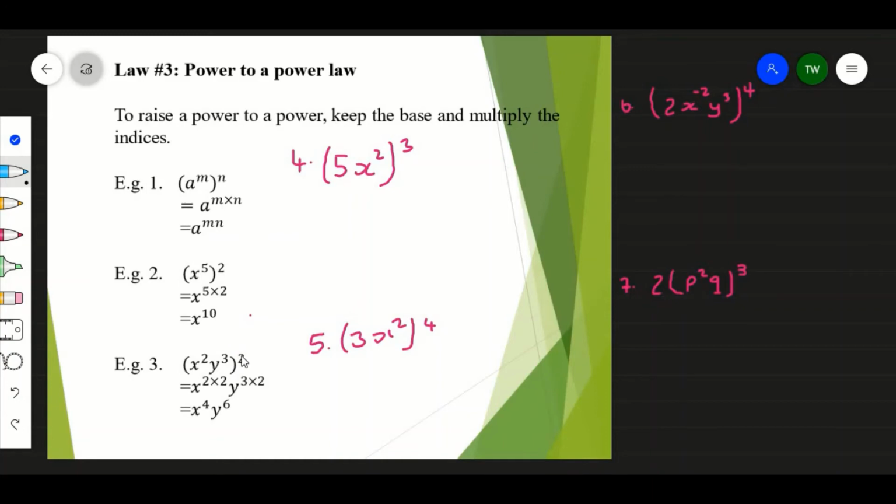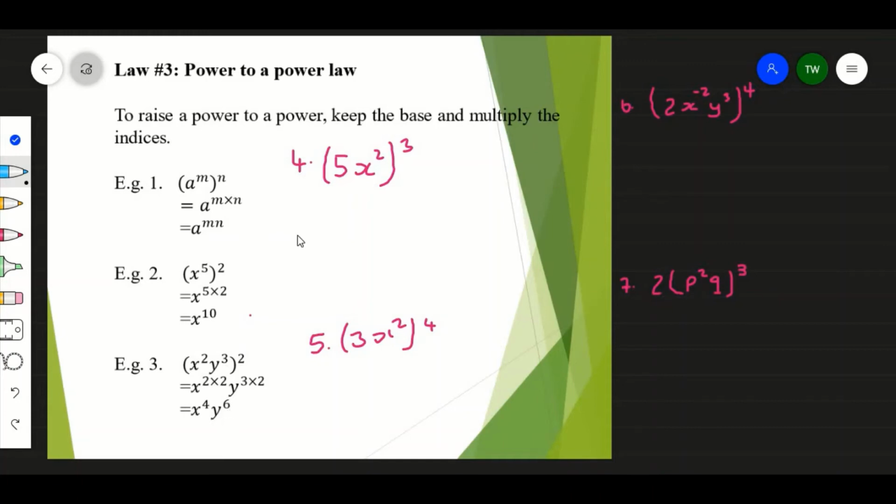So power to power rule, we take the power outside to multiply each power inside of the bracket. So it's going to be x squared times 2, and then y to the 3rd power times 2, which gives us a final answer of x to the 4th, y to the 6th.